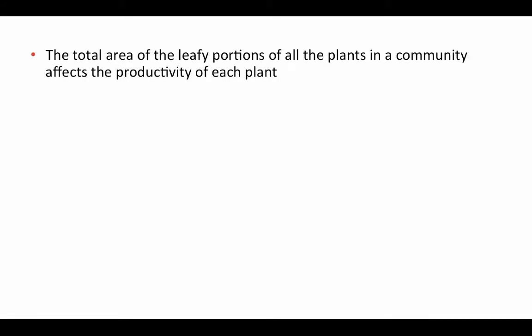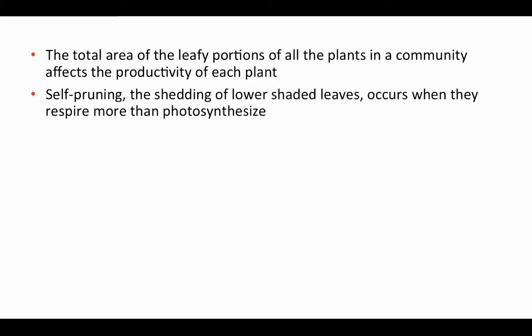So the total area of the leafy portions of all the plants in a community affects the productivity of each plant. The extent to which different plants are being shaded, the extent to which different plants have a large leaf area that can collect sunlight, is going to be a factor in the productivity.